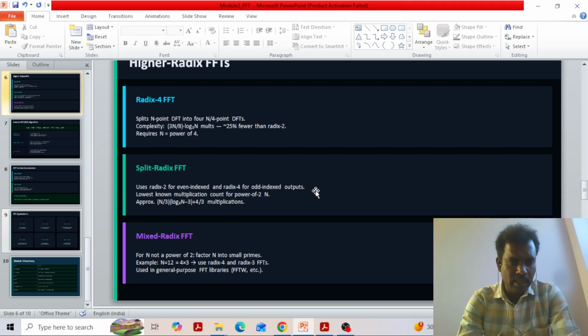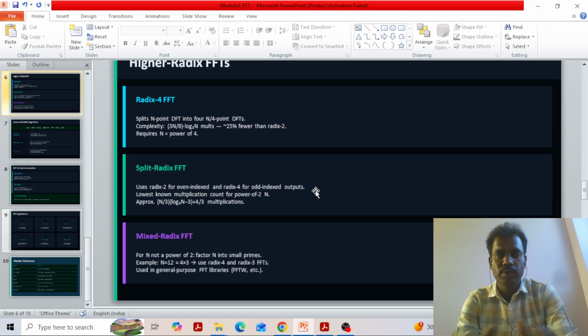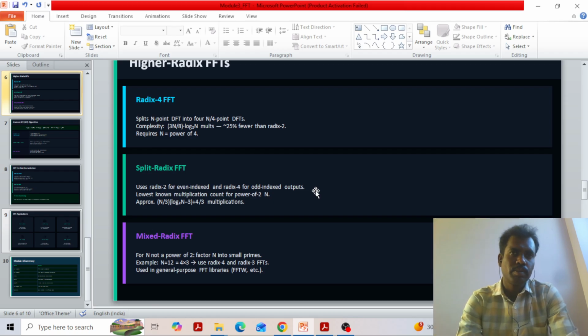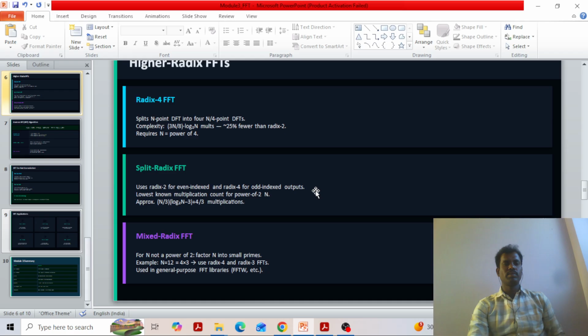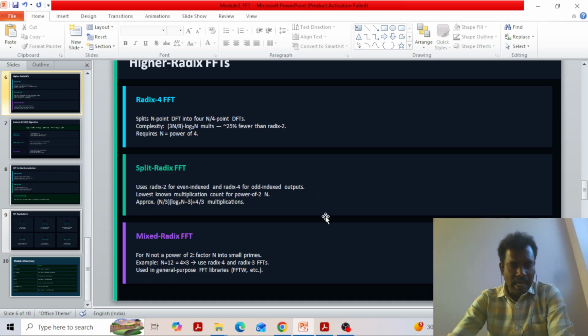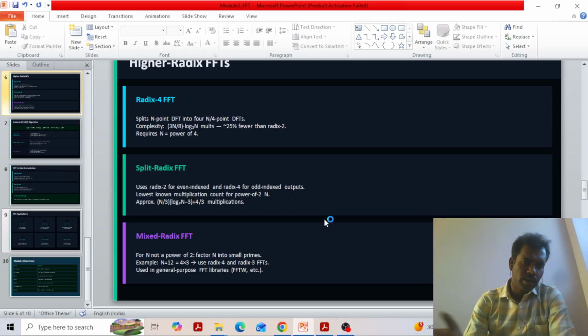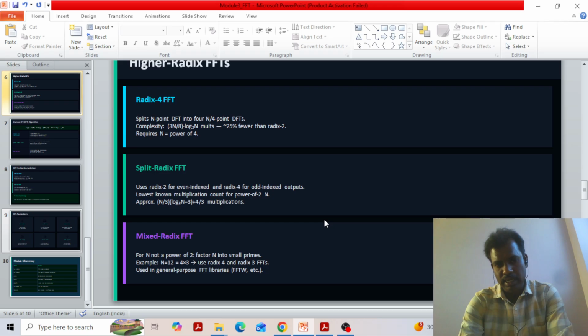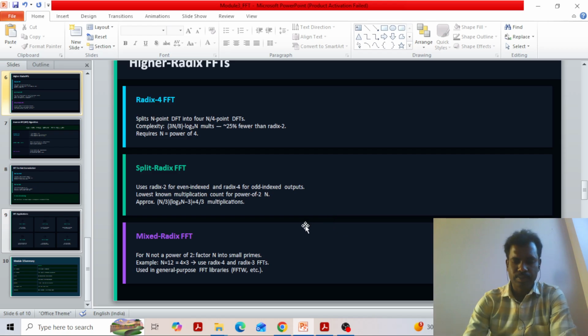Split radix is an optimized way of performing this with optimized complexity, and we can achieve fewer computations. Similarly, in mixed radix FFT, we use different kinds of radixes, not only radix 2 and radix 4; we can use other radix FFTs.